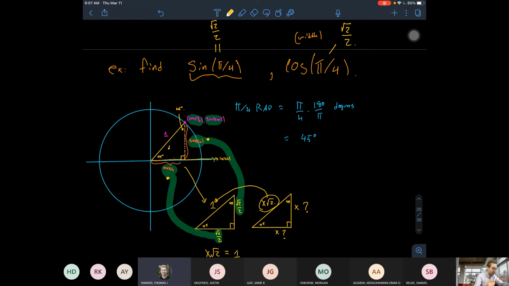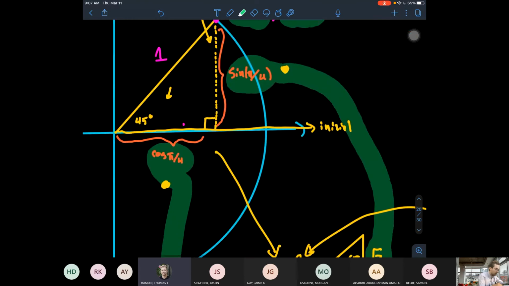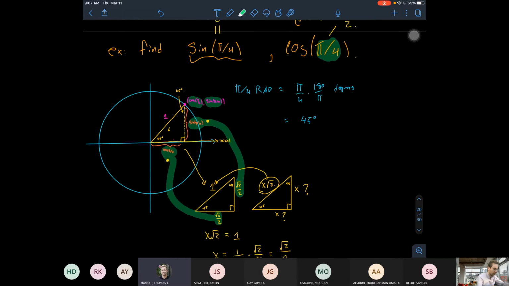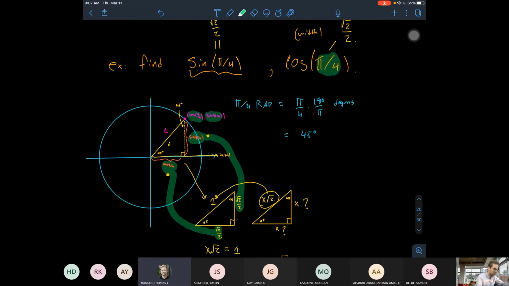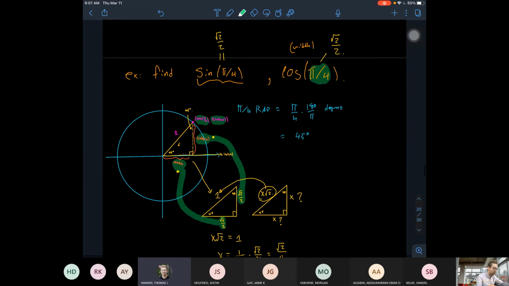Okay, but that was very dependent on the angle that we chose. The angle which was in our triangle here happens to be 45, so we could figure out what the side lengths were quite easily using a 45, 45, 90 triangle. Okay, so this is how we actually define the values which the function sine takes given a certain input.